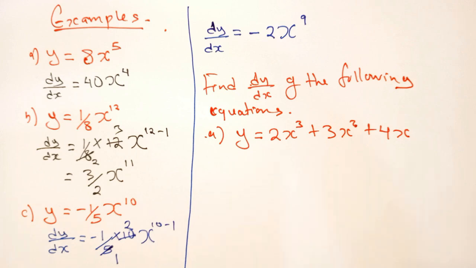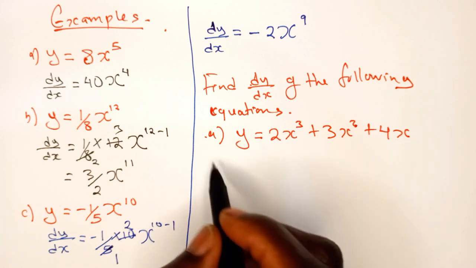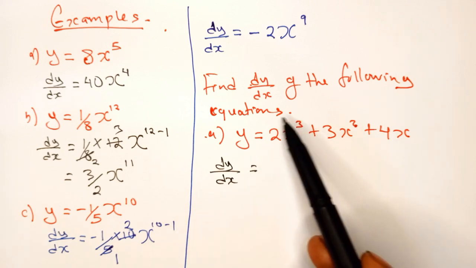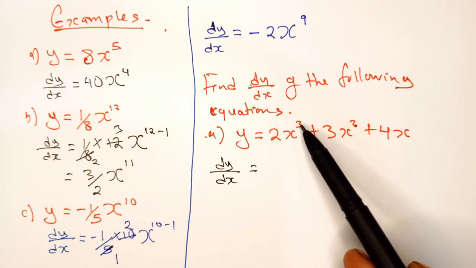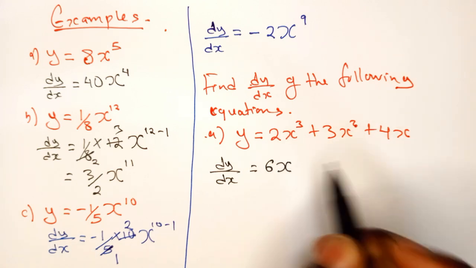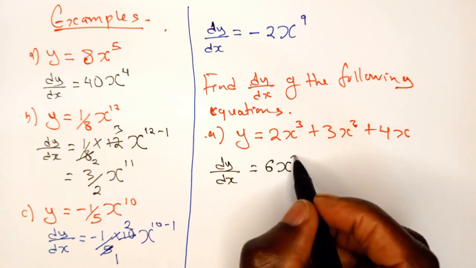Now, I'm supposed to differentiate this one. So I'll say dy dx is equals to, you come to this one, first one, you multiply this 3 by this power, so that one is 6x, then you minus 1 from the power, 2.